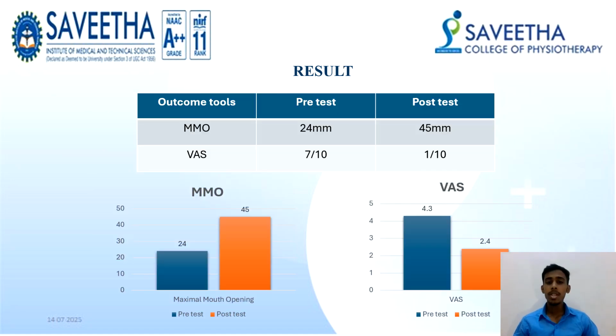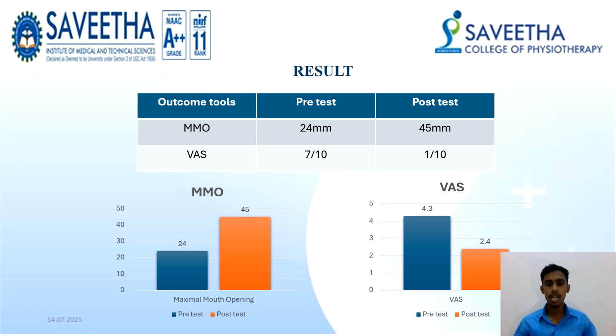So after 8 weeks of physiotherapy treatment, the patient showed a drastic improvement by means of the outcome tools, that is maximal mouth opening and the visual analog scale. Pre-test, before starting the intervention, the maximal mouth opening range was only 24 millimeters, which is below the functional range. And after 8 weeks of intervention, the post-test value was 45 millimeters, which shows a drastic improvement in the maximal mouth opening range.